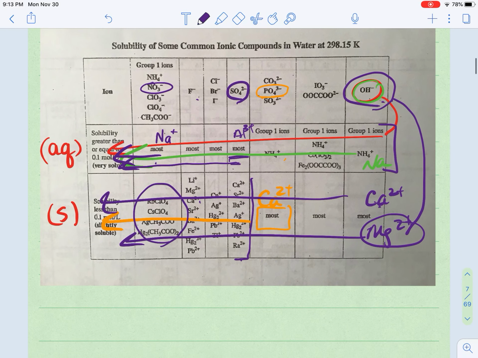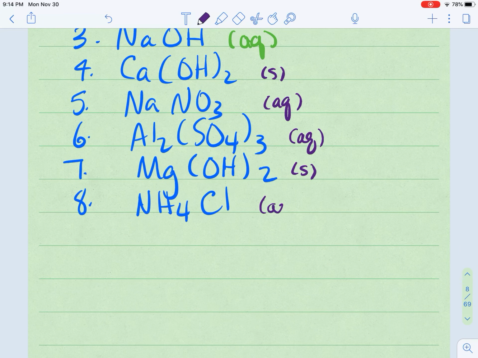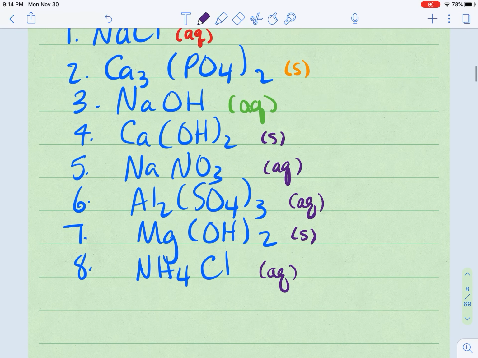Ammonium chloride is our next one, and we have chloride right here, and it says most things are aqueous. Ammonium isn't in this group down here, so we'll just assume that ammonium would be in the category of most things with chloride are aqueous. So we go down here and we indicate aqueous.